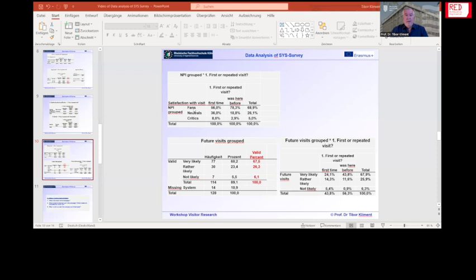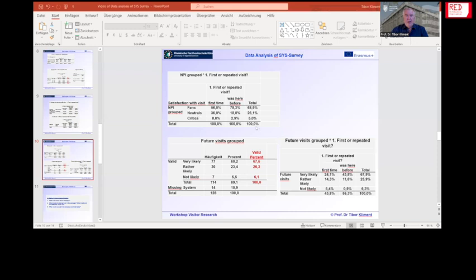And we measured satisfaction with the visit by applying the net performance indicator. You find a lot of information about this in the video about designing questionnaires and surveys.